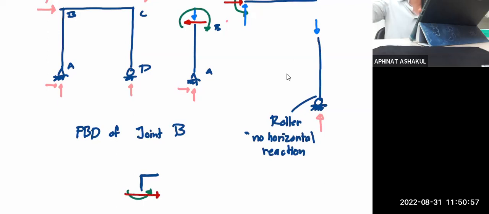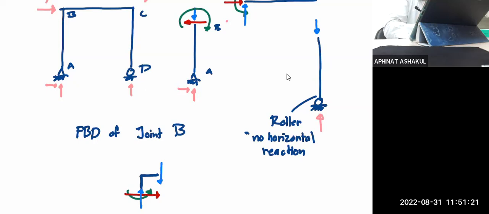Remember, this joint actually is just a dot. Essentially, it's just a dot. Okay. And I have the downward axial force here, so this better be up. And this goes up, so this better come down.